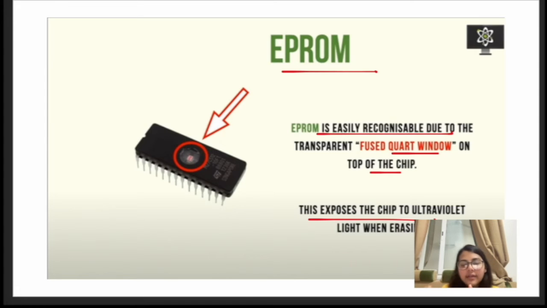It uses ultraviolet for removing the data, and it is more commonly found than PROM, because it allows manufacturers and users to program the chip and erase it. Okay, so these are the main advantages of EPROM. So I think you are clear with this point.